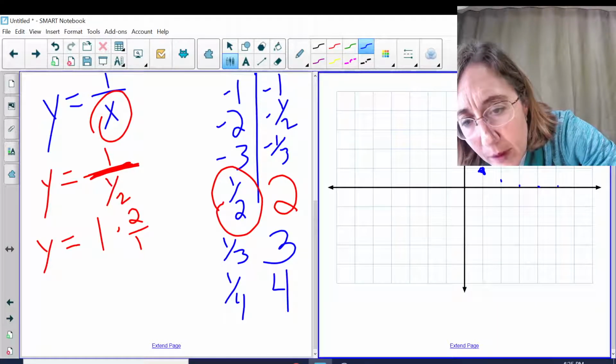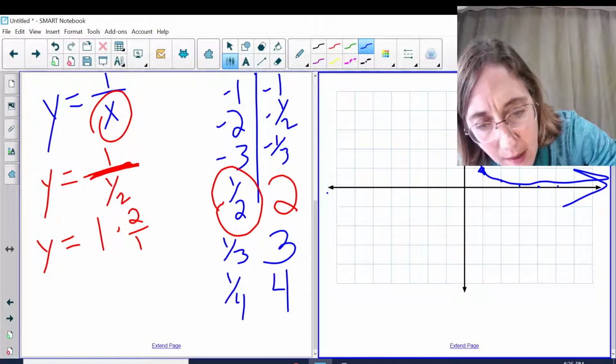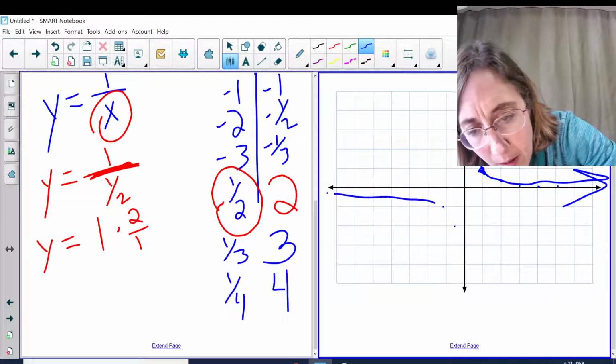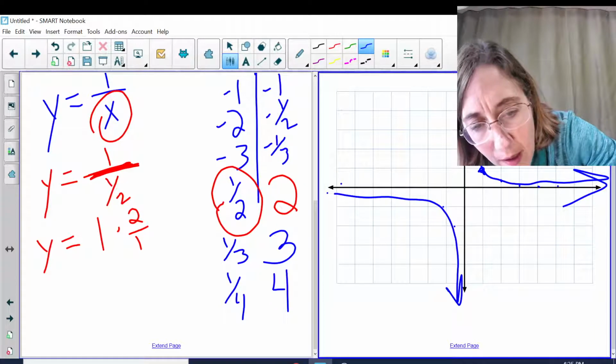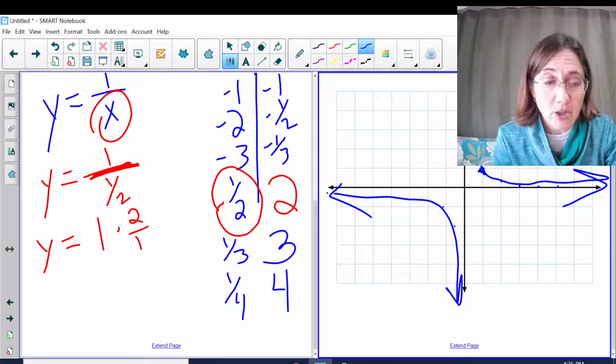So I put a 2 in, I put a half in, I get 2 and 3. Okay, so it's going to do a curve, something like that. And then the one on the negative side is going to be something like this. It's really weird looking. This is what a rational function does.